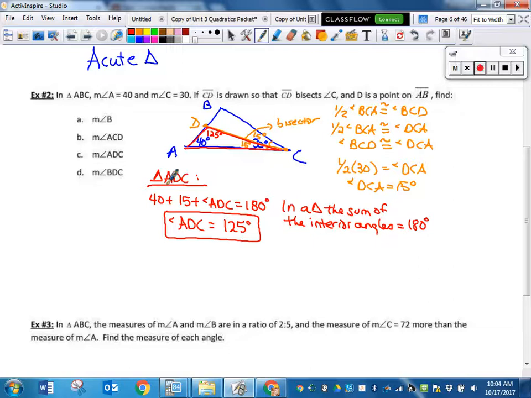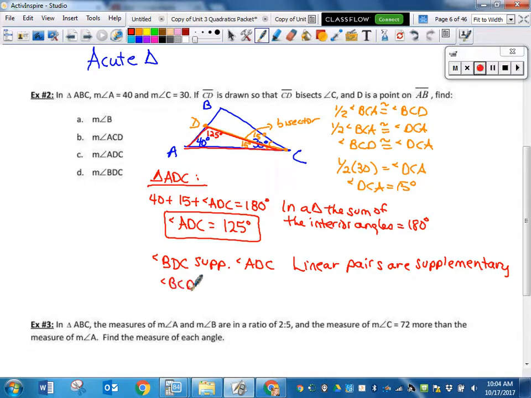Next thing I would notice, and there are different ways you can do this, is that angle BDC is supplementary to angle ADC. Why? Because linear pairs are supplementary. How do I write that out algebraically? Angle BDC plus angle ADC equals 180 degrees.